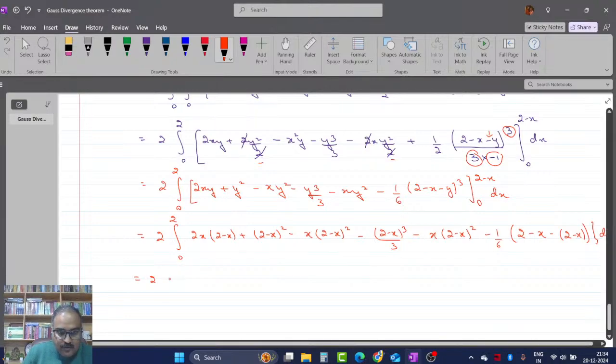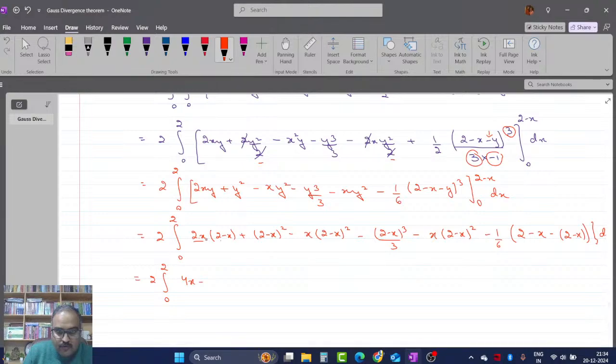So that counts to be 2 times 0 to 2 2x into 2, that will be 4x minus of 2x into x 2x square plus, now I need to expand this bracket, 2 minus x whole square, it will be 4 plus x square minus of 4x minus of x.